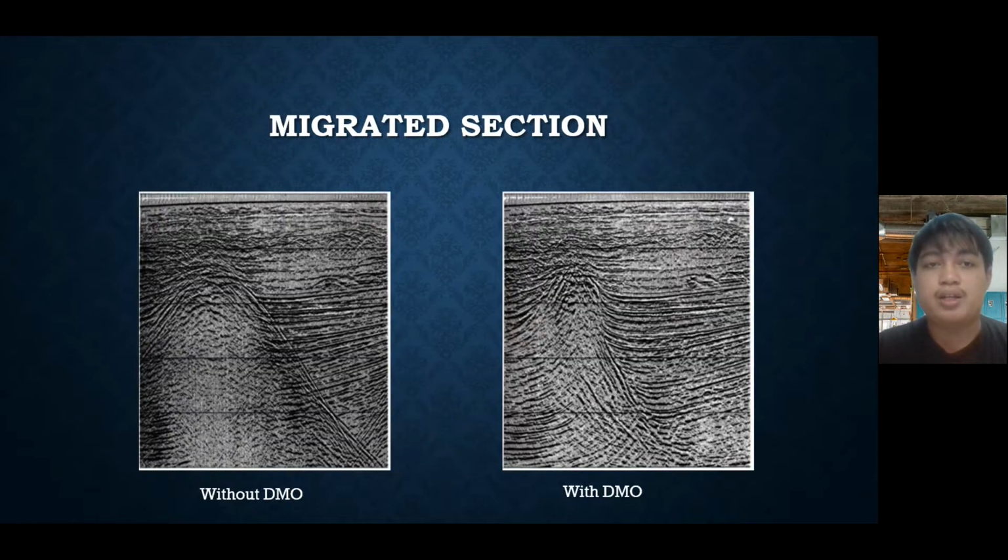And the next example is the one that has been done with the migrated section, where there are fewer errors and clear graphic information, and we can also see the true angle of dip. That is one of the advantages of the migrated section, where we can remove the things we didn't need and get only what needs to be interpreted.